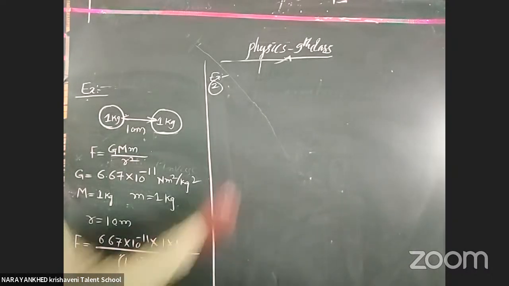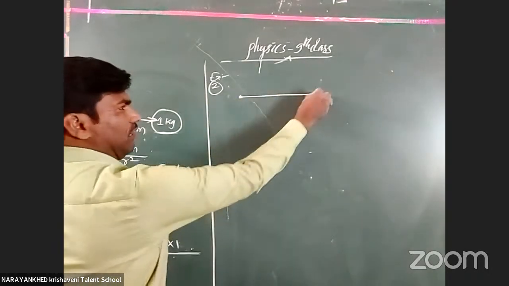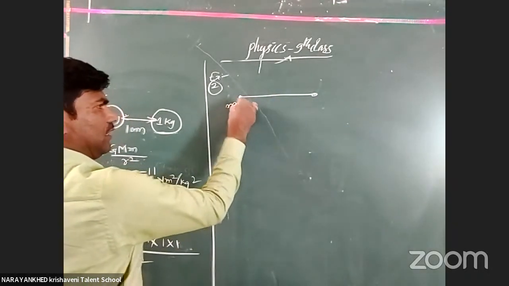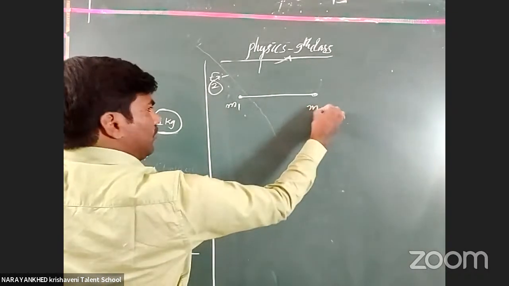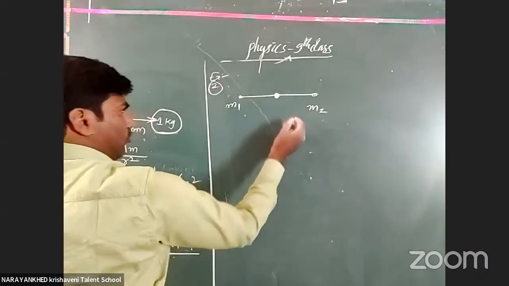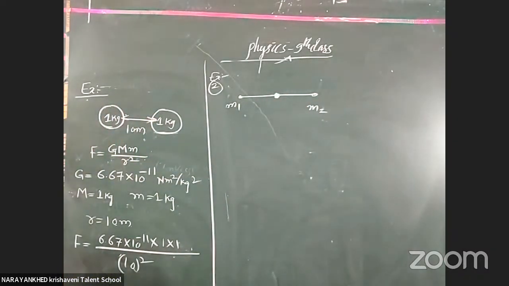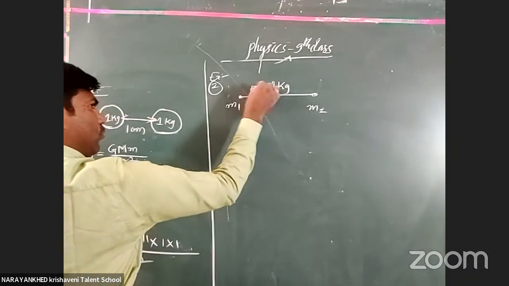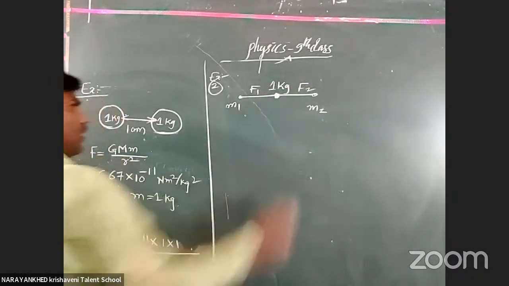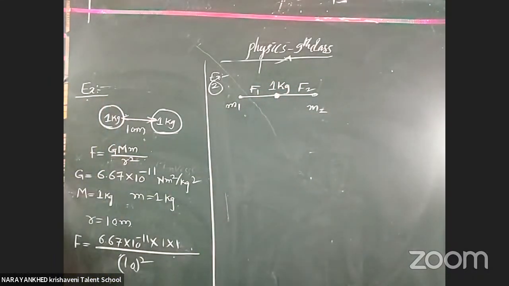An important problem it is. That is what we are taking here. We take M1 and M2, and one more mass is also there. We consider it to be 1 kg. Now there is a force taken as F1 and another force taken as F2.